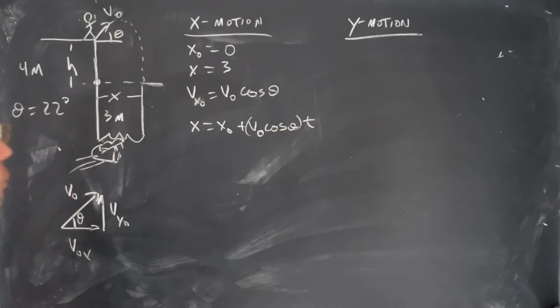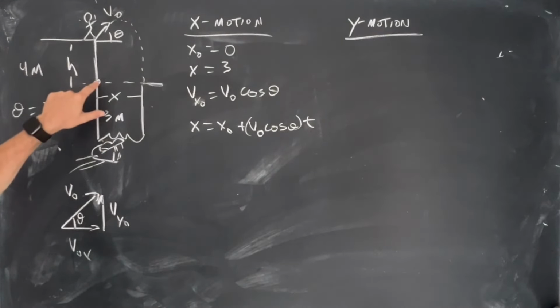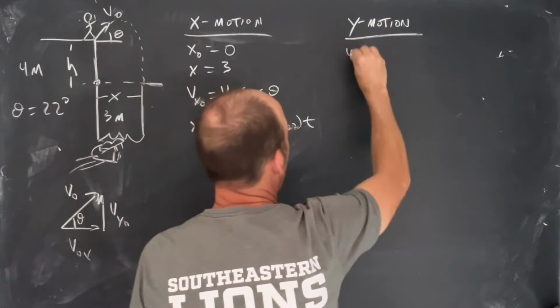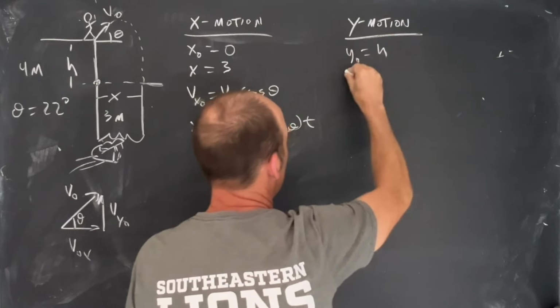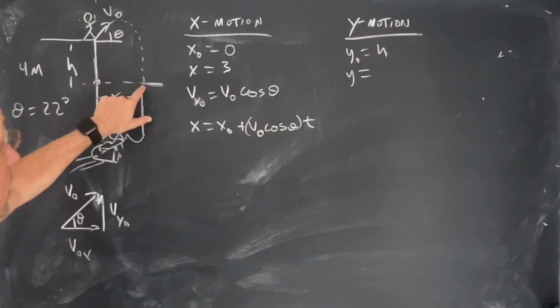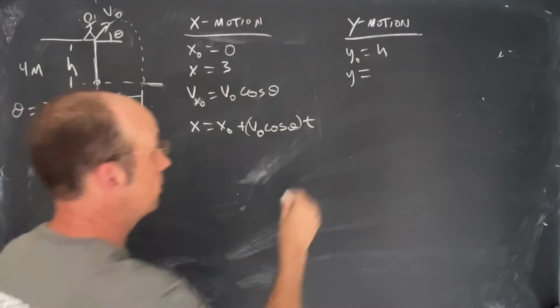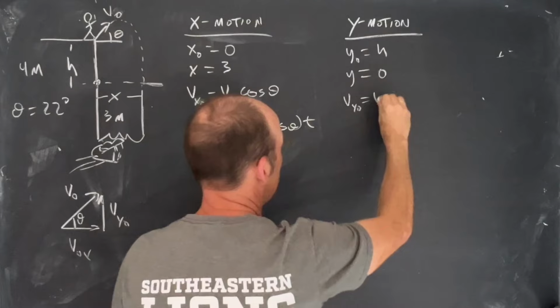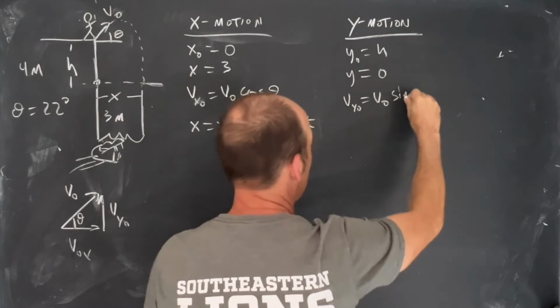So in the Y motion, what do I have? Well, what's my initial Y position? It's h, which is 4. So I know y0 is h. Y final down here is at 0 because of where I picked my coordinate system. The initial Y velocity is v0 sine theta.